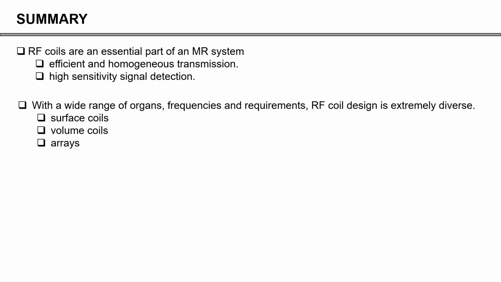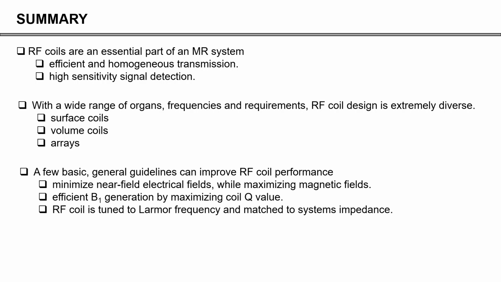You have many RF coils, you have volume coils, you have surface coils and arrays, multi-element arrays. But despite all of these coils, there are a number of basic guidelines that you can use to get an improved RF coil. So you always want to minimize your electrical fields, especially your near field electrical fields, while at the same time maximizing the magnetic fields.